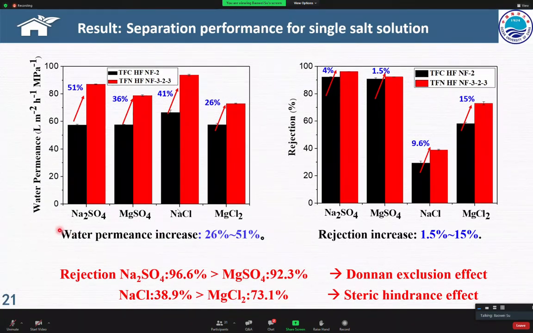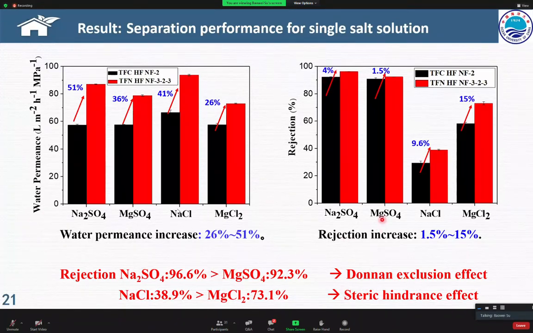We have investigated the separation performance of the membrane for single salts. We can see the water permeance with sodium sulfate increased from TFC to more than 50% for TFN, and the rejection also increased 4%.